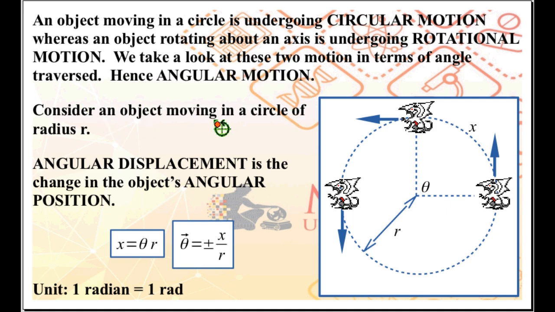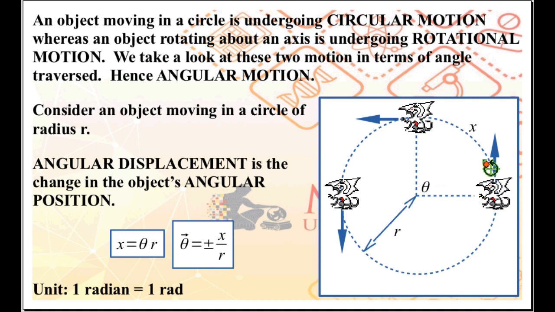So, consider an object moving in a circle of radius r. The object moves from an initial position to a final position, traveling distance x. So there is displacement, a change in the position of the object.